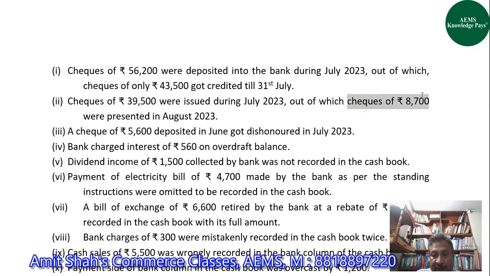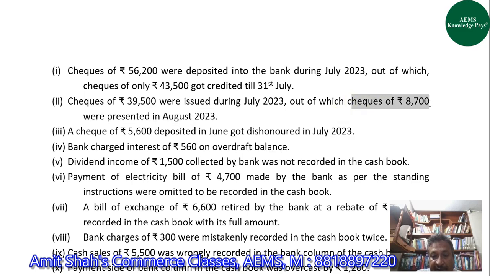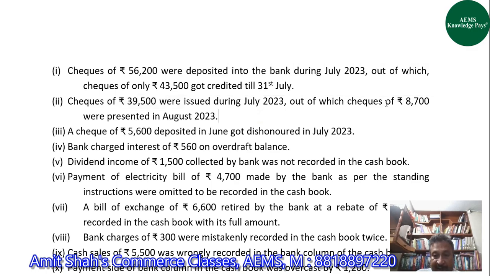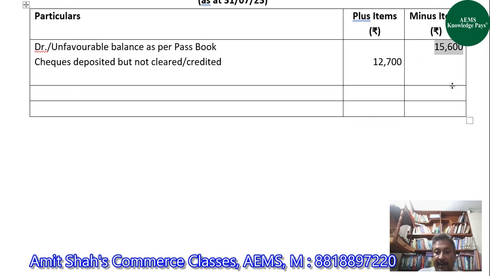Because in passbook checks of 8,700 were not presented in the month of July, but they were presented in the month of August. So this is the amount of difference in cash book and passbook balance, that is, checks issued but not presented or debited. Since all the checks have been recorded in cash book, it means cash book balance is lesser by rupees 8,700 than passbook balance, and that is why this 8,700 will come in the minus column.